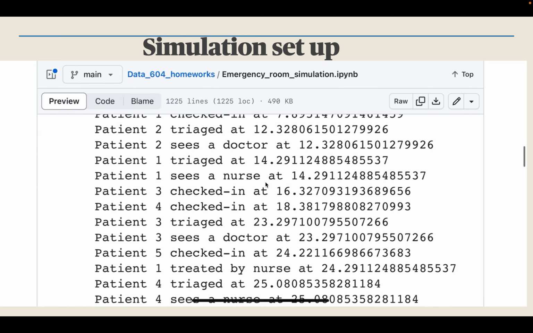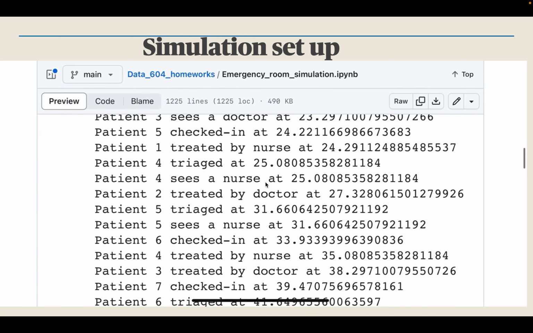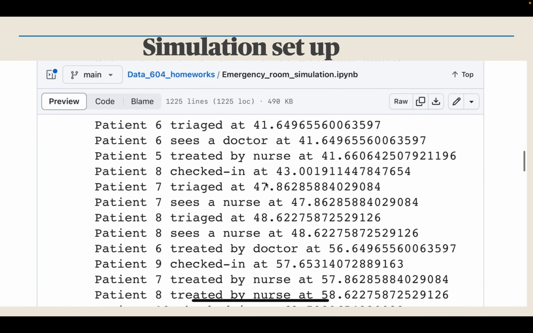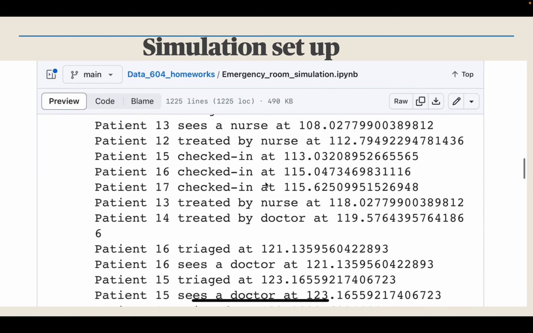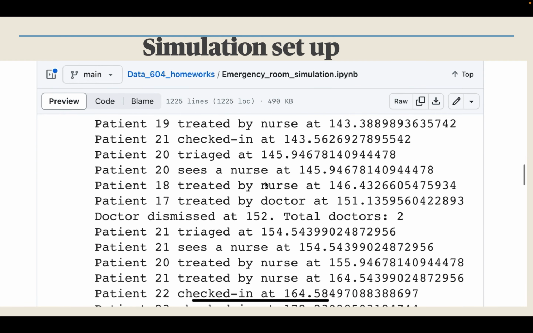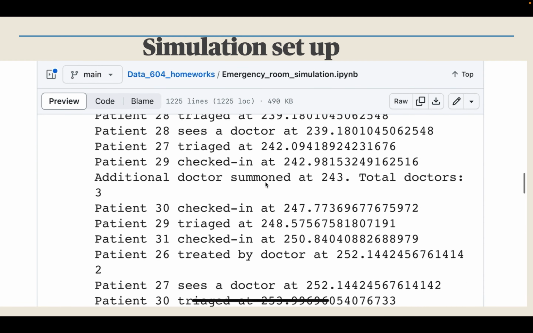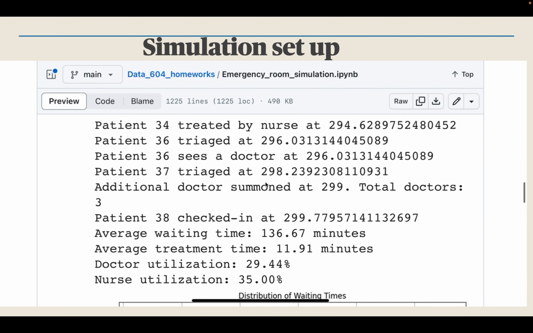As you can see, after we run the model, we got some outputs for the patients. The results show an average waiting time of 136 minutes, average treatment time of 11.91 minutes, doctor utilization of 29%, nurse utilization of 35%.